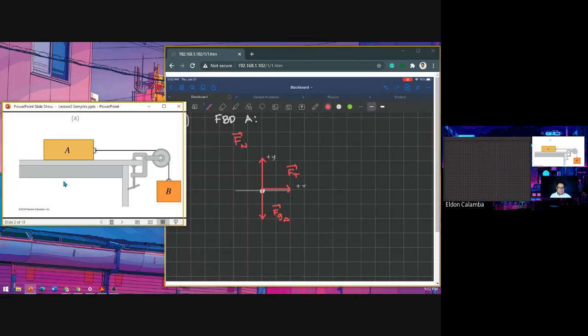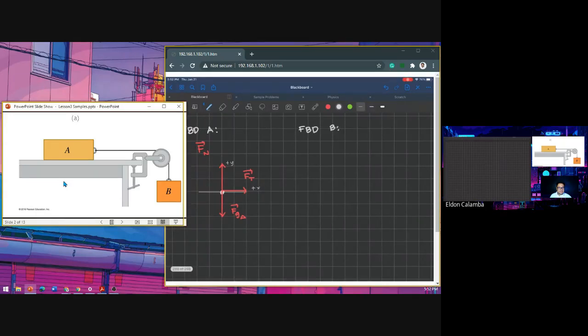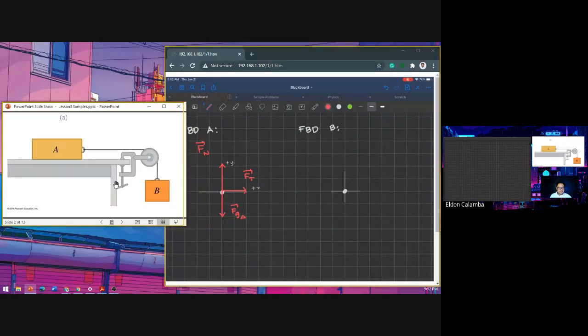Okay? And the next na free body diagram is the FBD of B. Same SOP. You have the X and Y plane. Ayan. And then, nasa center ang ating particle, si box B. And then the free body diagram. Si box B, wala siya sa surface, so nakahang lang siya, wala siyang normal force.